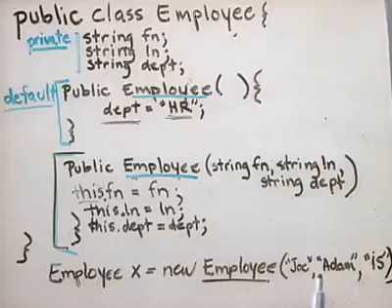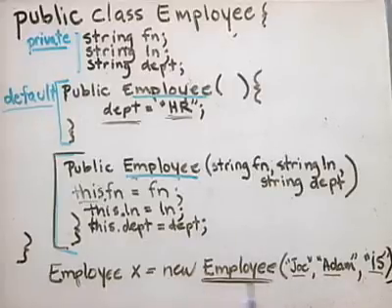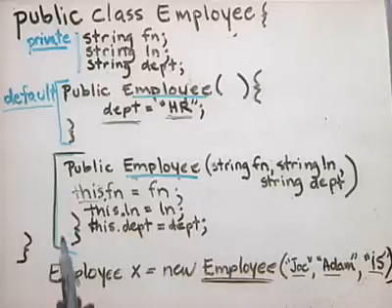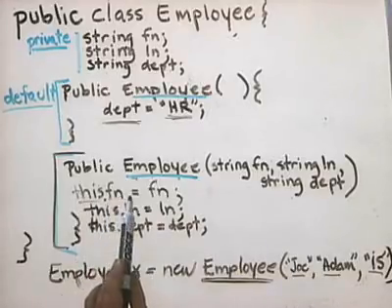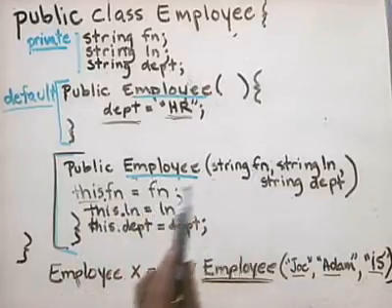I have to provide this constructor with three string parameters. What will happen when I execute this line of code is that it will call the three-argument constructor. It will look to see if any of its constructors match this signature, and in fact I have one right here. So what I'm saying here is take the current object's fname data member and set it equal to the fname parameter.